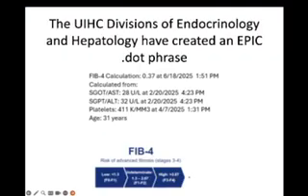So in UIHC, calculating FIB-4 score is easy because we just have to use a dot phrase, which is created by the hepatology and endocrinology departments. FIB-4 score is calculated based on AST, ALT, patient's age, and platelets. And again, it gives us a FIB-4 score.